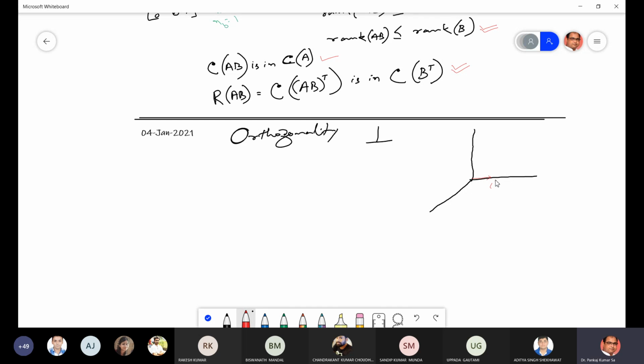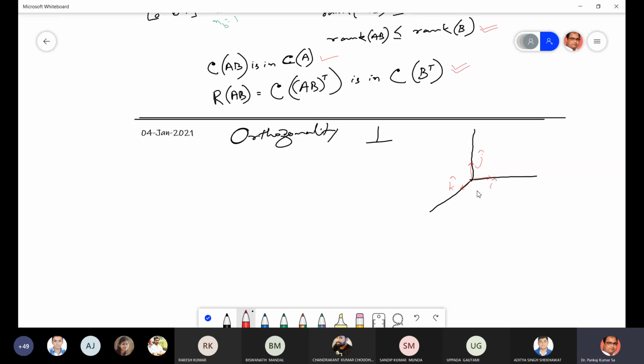This is i cap, this is j cap, and this is k cap in 3 dimensions. These standard basis vectors are again orthogonal to each other, isn't it?